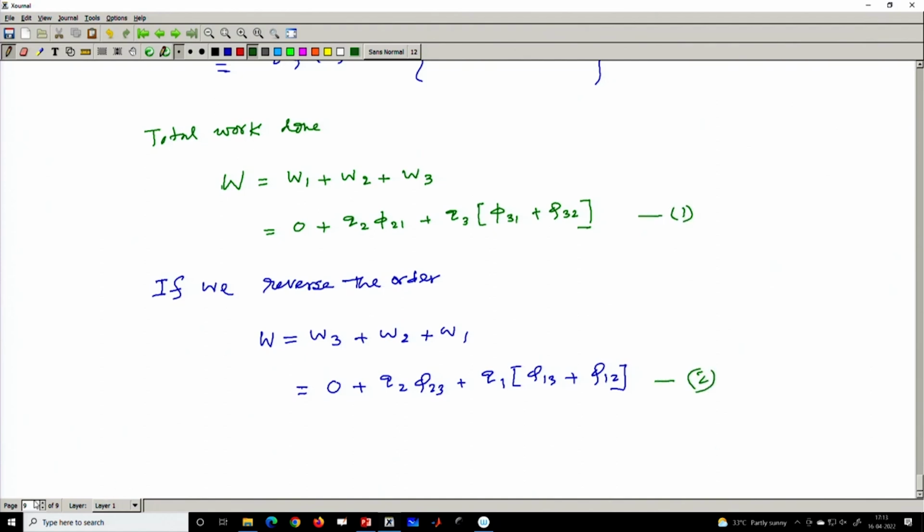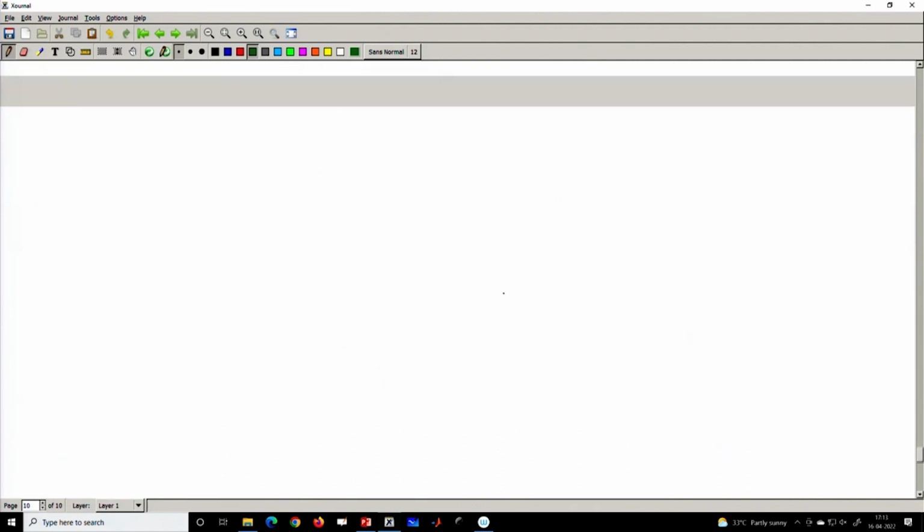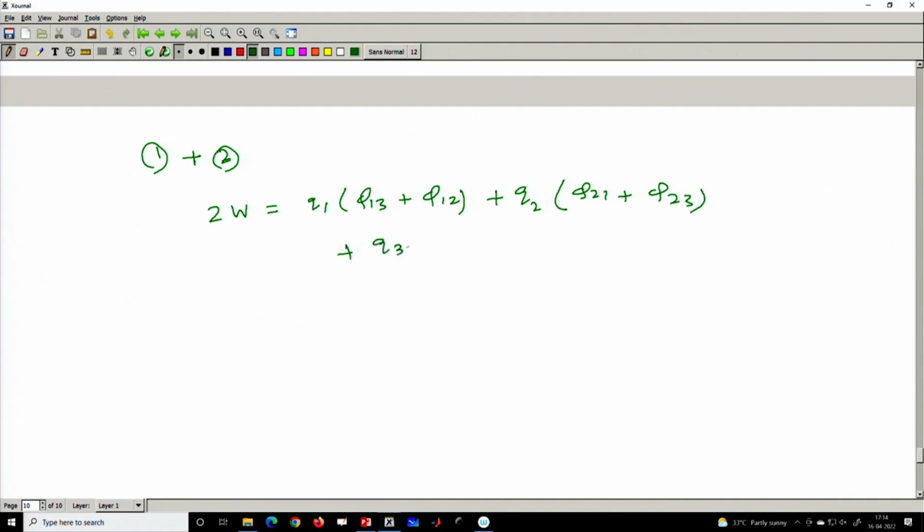So, if I add these two, by adding equations 1 and 2, we have 2W equal to Q1 then phi 13 plus phi 12, plus Q2 then phi 21 plus phi 23, and finally Q3 phi 31 plus phi 32.